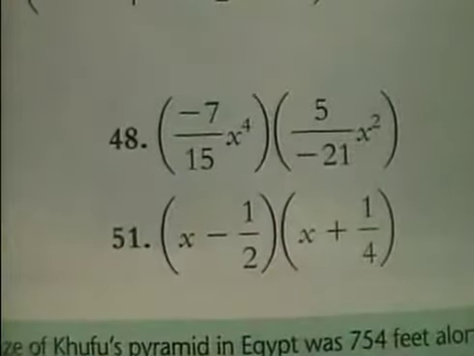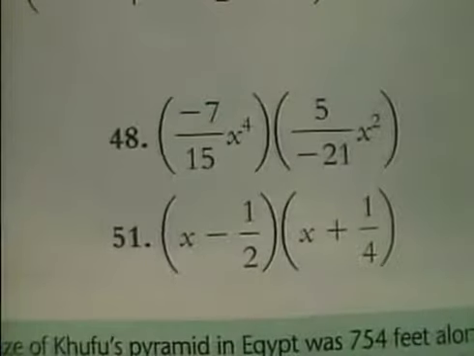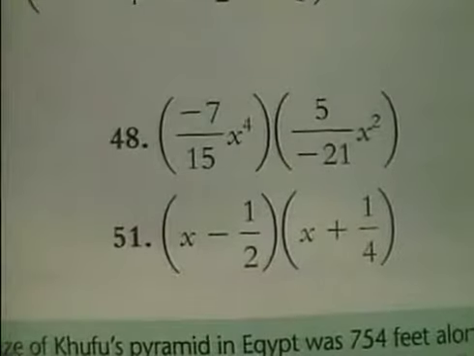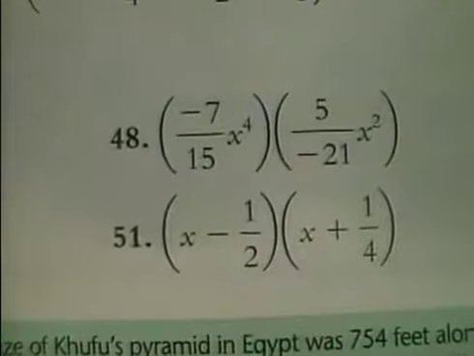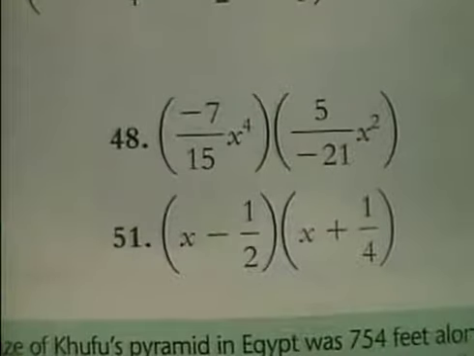Somebody want to give me the answer? An x squared, first term, last term? There you did it. You want to multiply, not add. 1/2 and 1/4 added is 3/4, but you're supposed to multiply, 1/8. So it's an x squared, then you have a negative 1/8 at the end. You have a negative 1/2 x and a positive 1/4 x, so you have negative 1/4 x.